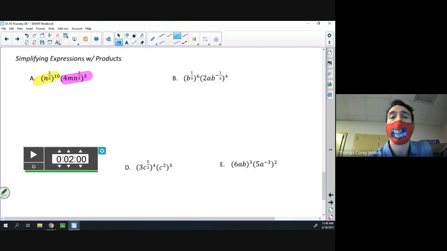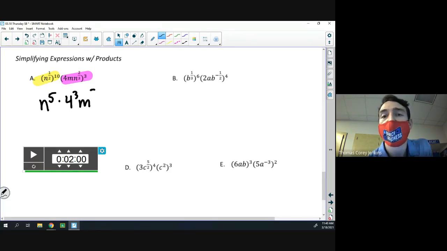Okay, so for my exponent for n, I take 1/2 times 10. That gives me 5. So I have n to the 5th, and then I'm raising everything in the purple there to the 3rd power. So that'd be 4 cubed times m cubed times n to the whatever 2/3 times 3 is.